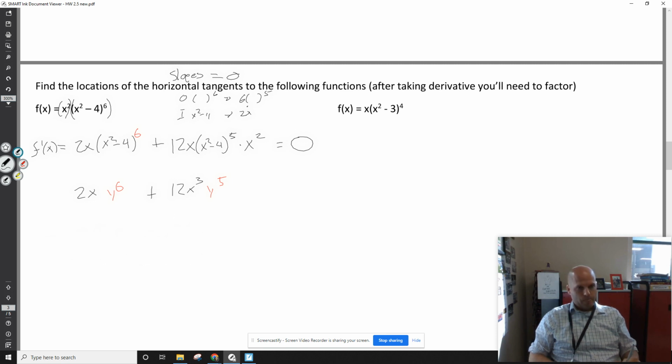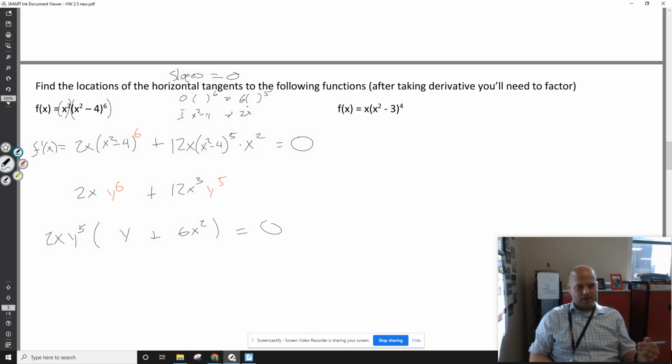All right, hold the phone. What do I share? A 2, an x, and 5 y's. All right, that's going to look different. I pulled out the 2 and the x and 5 of these y's. I have 1 of the y's left over. I pull out a 2 and an x and 5 of these y's. I'll just have 6x squared left over.